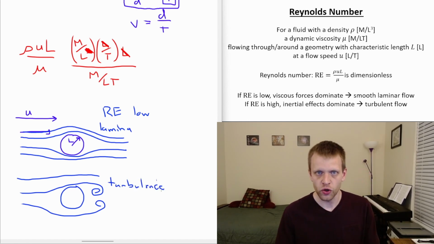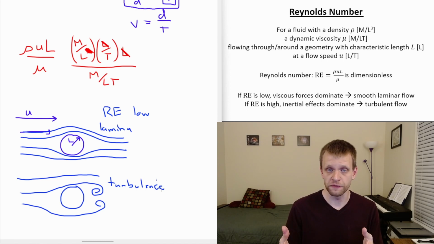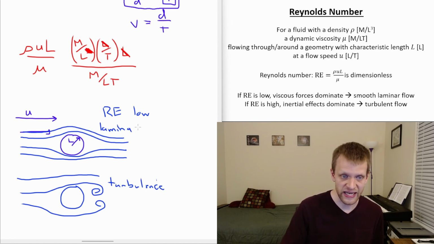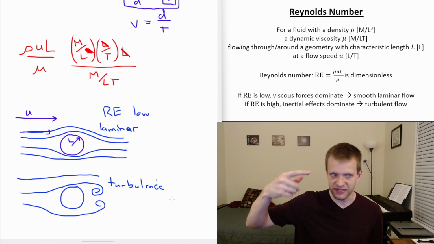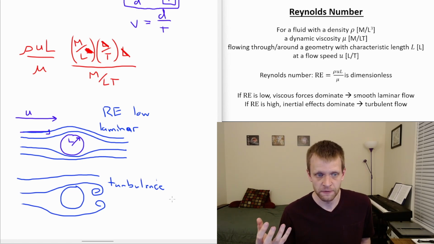So again, this will have an effect on which terms in the fluid flow equations are going to become important. Is it just a nice laminar flow where everything is staying smooth, or are we getting all these little eddies and vortices showing up in the fluid as it goes past that particular barrier?